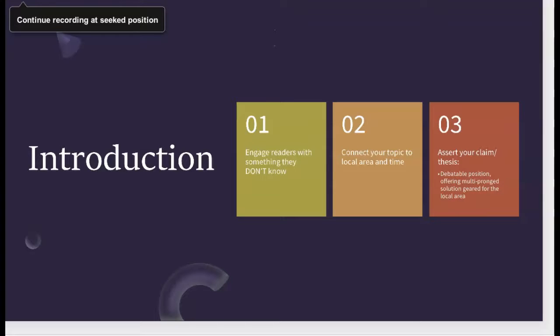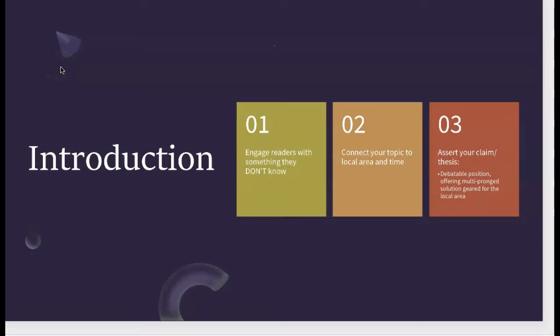And in order to do that, you want to connect your topic to your local area and time, because remember, these problems have to be connected to us in a regional way and also in a timely, relevant manner.